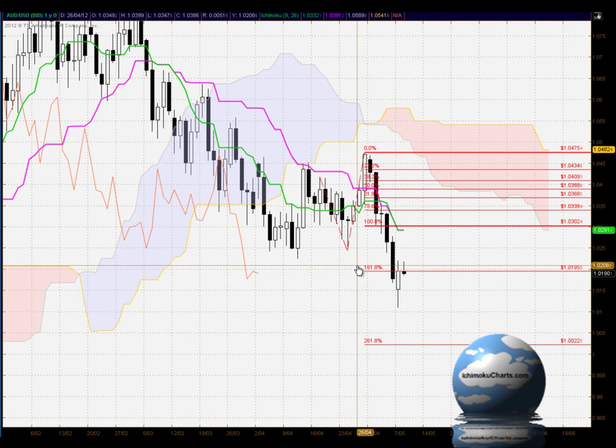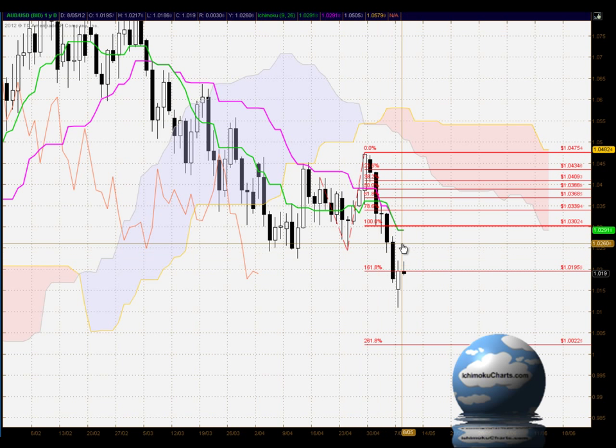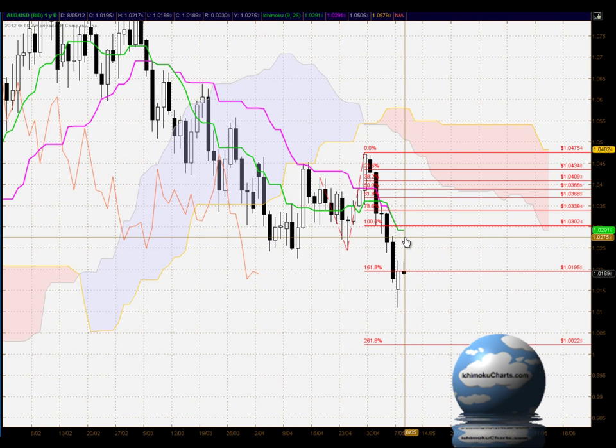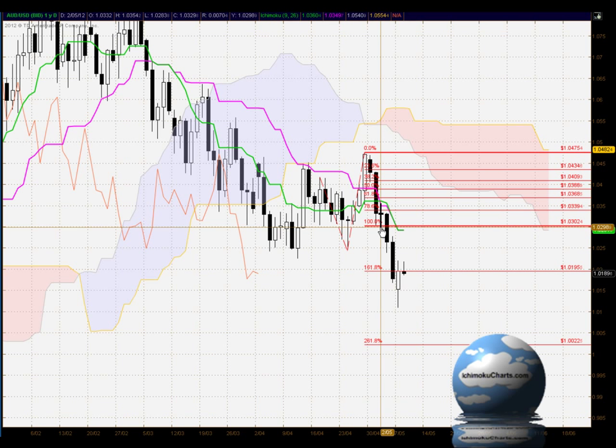In terms of the Fibonacci extension that I spoke about last week, we had the market testing to around the 100% level, and we did have some rejection from that level, but we didn't end up with a change of trend. The market continued trending down.